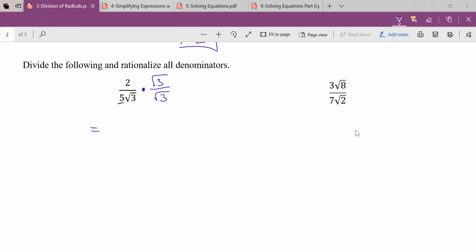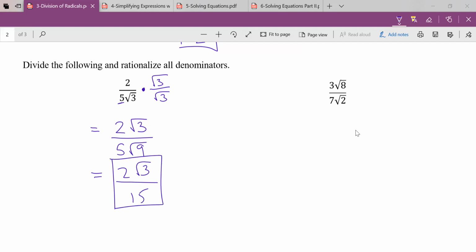I'm okay with that. It's the radicand that I'm trying to get rid of, right? So now I go 5 root 9, but wait a minute. Root 9 is just 3, isn't it? So it's 5 times 3, which is 15. There it is. Okay, so that one we couldn't do any dividing at all. All we could do was rationalize it.